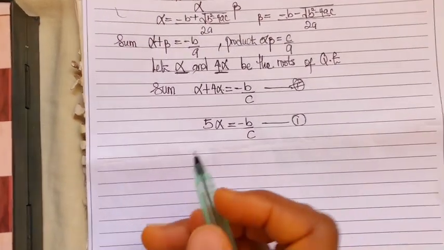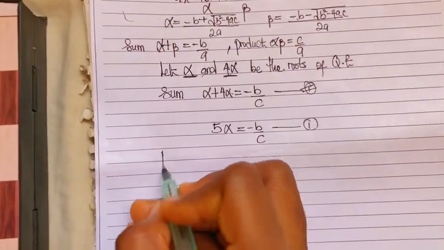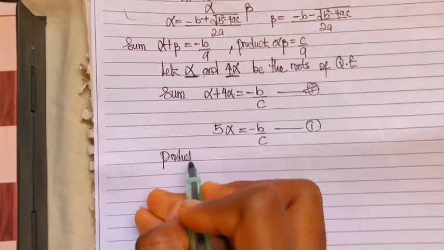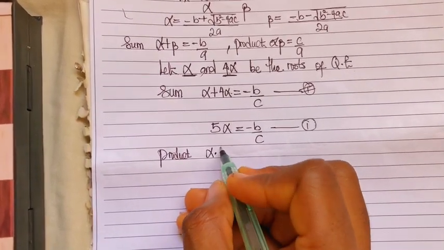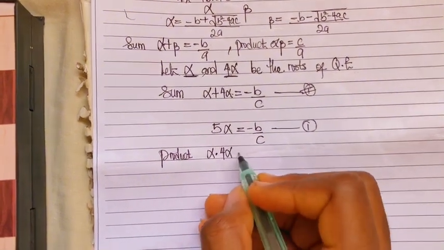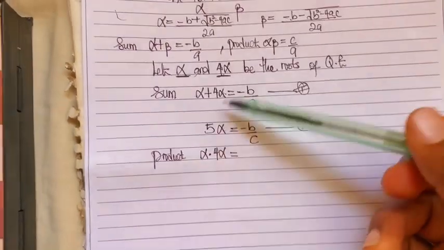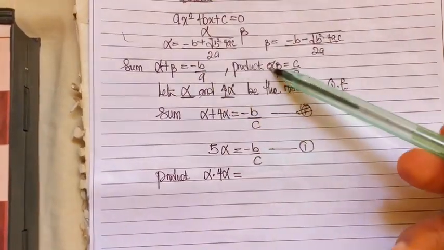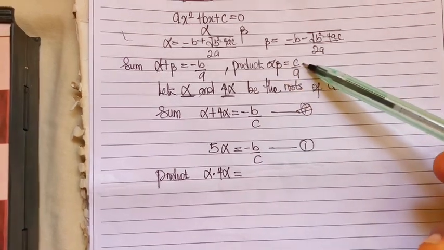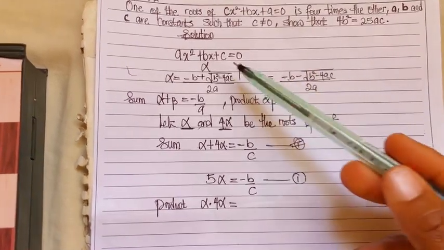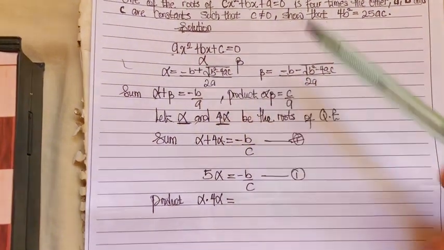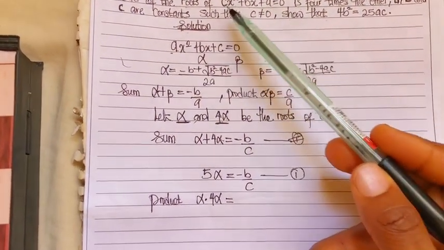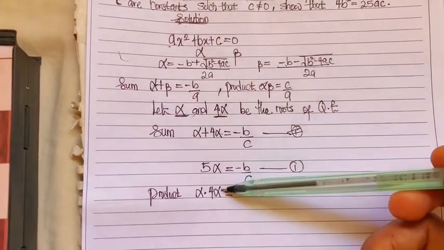So let's go to the second interpretation, which is the product. The product this time around will be alpha multiplied by 4 alpha. In the previous expression, the product alpha beta gave us c over a, which is the third term over the first term. So in this case, it will be a over c for this particular expression.